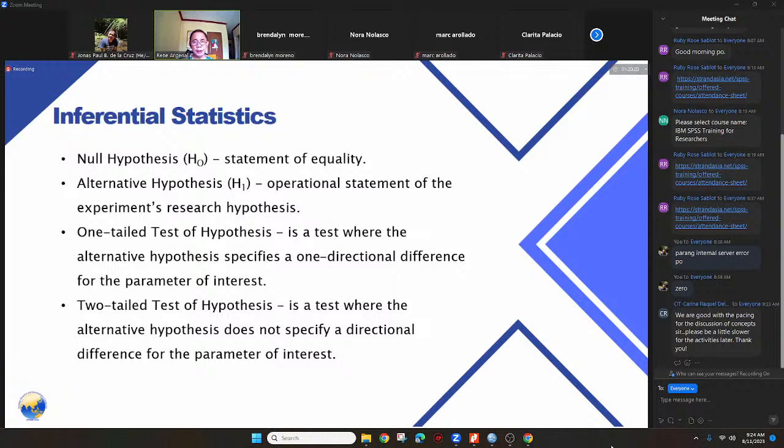When we write the manuscript of our research, we only specify the null hypothesis. We do not include the alternative hypothesis. However, in a different scenario, if you have a research hypothesis, that would be a different case. But usually we test hypotheses based on the null hypothesis.